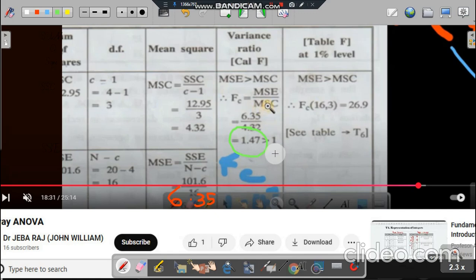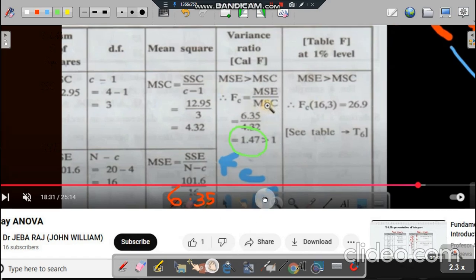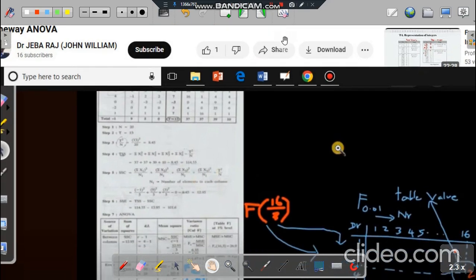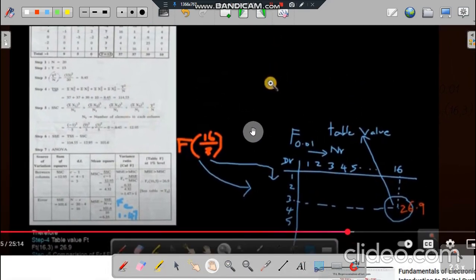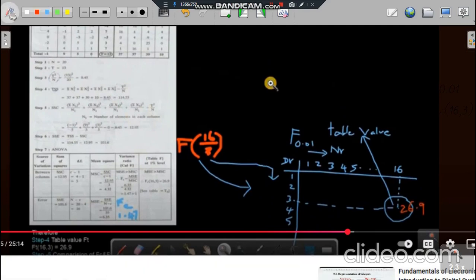Now we have to find the table value. So next we have to get the table value. To get the table value, I have to go to the next slides. This slide is a very important slide where we can get the tabular value.